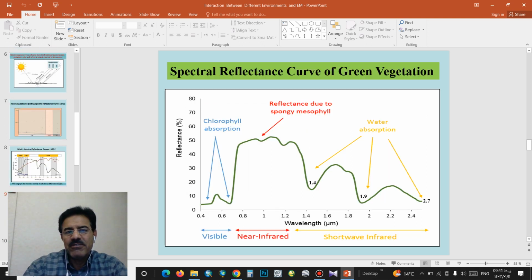This graph is a spectral reflectance curve of green vegetation. The horizontal axis is showing wavelengths in micrometers, and the vertical axis is showing reflectance in percent.